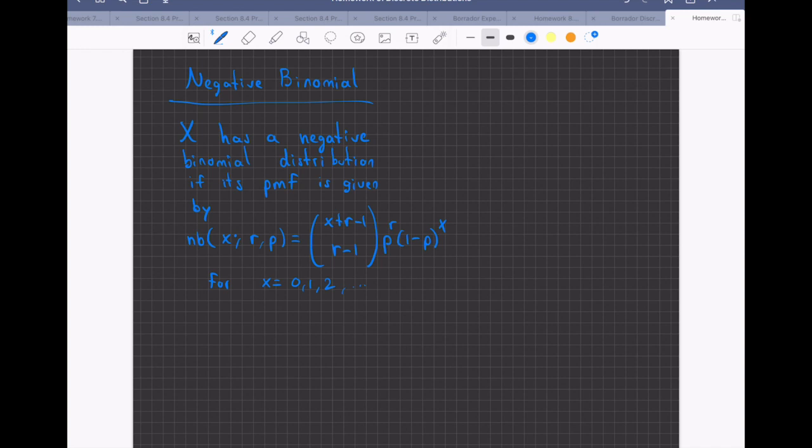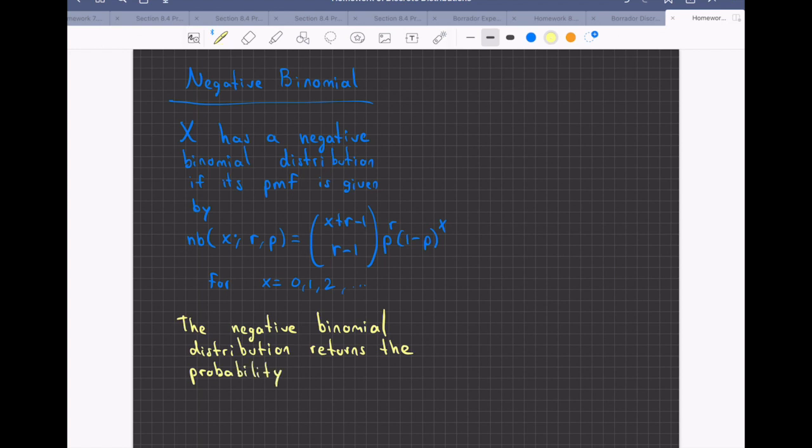So the negative binomial distribution returns the probability of observing x failures before r successes.